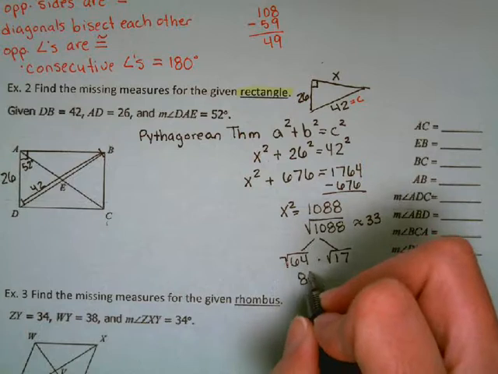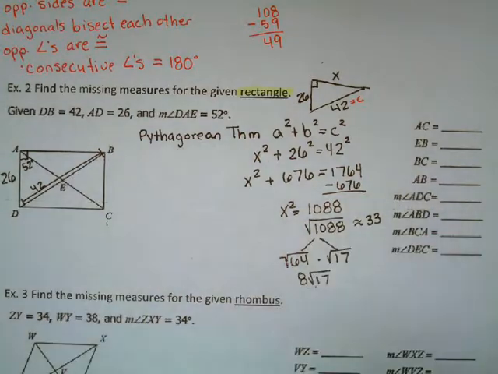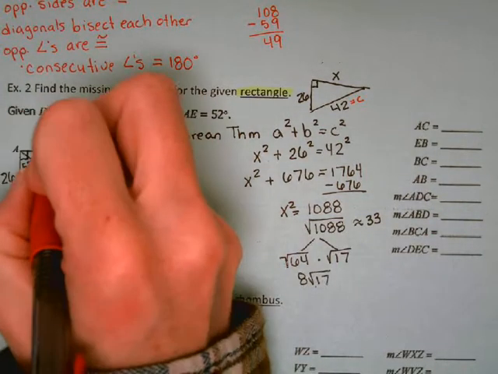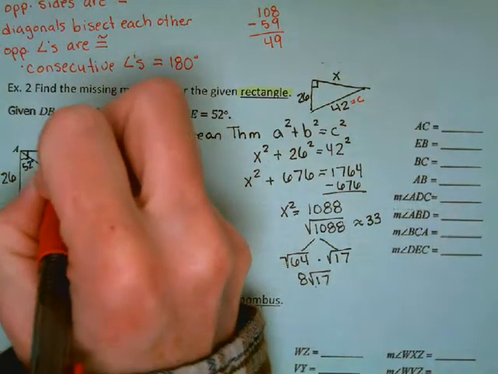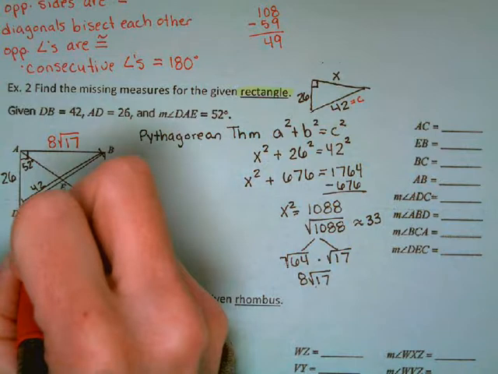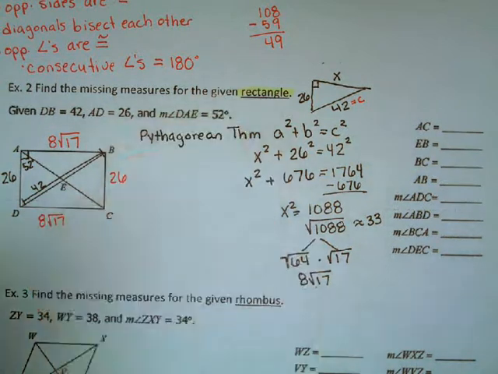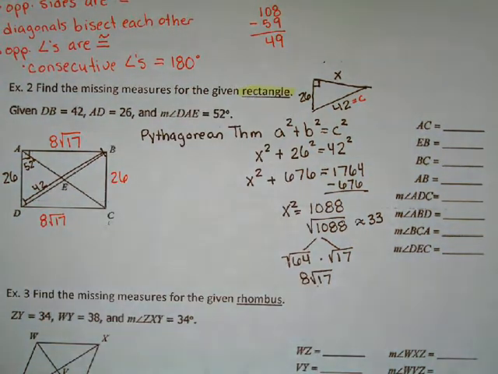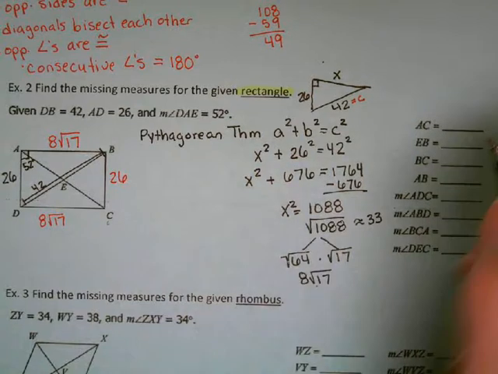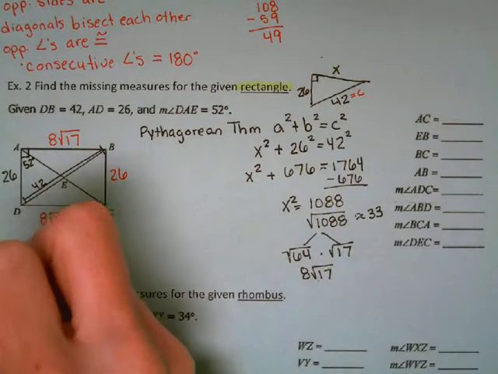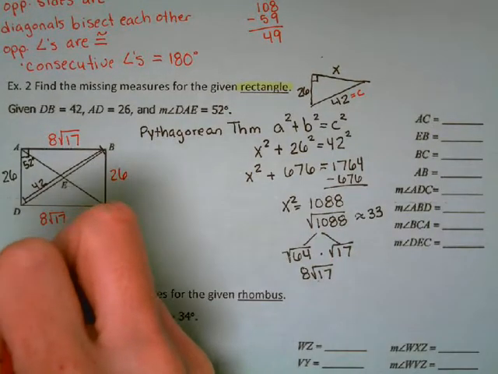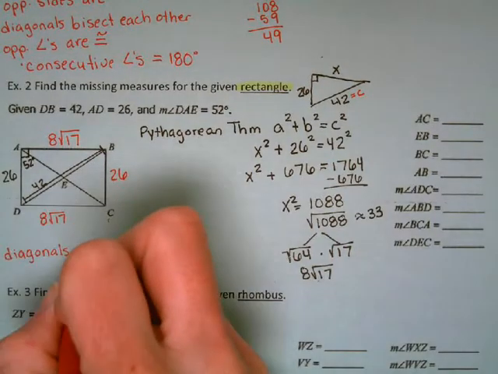So, in our picture now, the side is 8 square root of 17. This side's 26. Alright, so in my picture, one of the key things also for this one is diagonals are congruent. And they bisect.